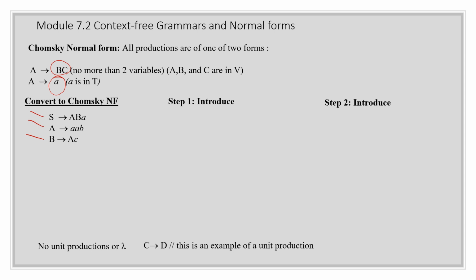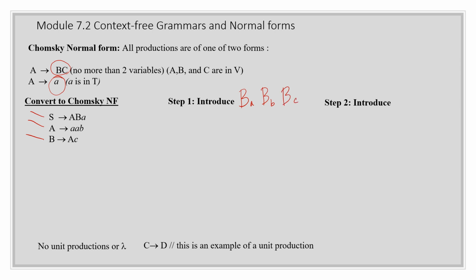The variables are just letters. You can start with S, but you don't have to start with an S. You could use A, you can use X, but I'm going to stick with what the book did. So the book introduces three new variables: a B sub A for the terminal symbol a, a variable B sub B for the terminal symbol b, and a variable B sub C for the terminal symbol c.